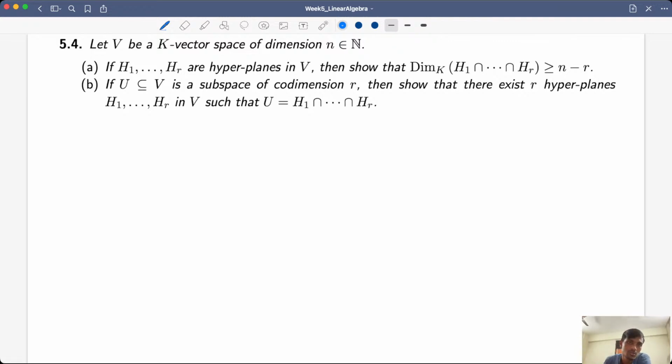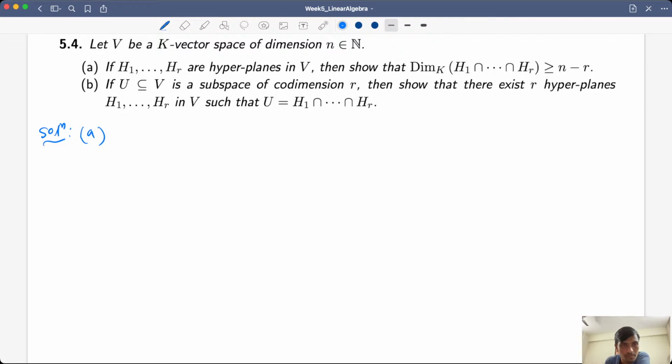So let's do that. Recall that hyperplanes in V means the codimension of each of these h1 up to hr is 1. That means their dimension is n minus 1 because V has dimension n.